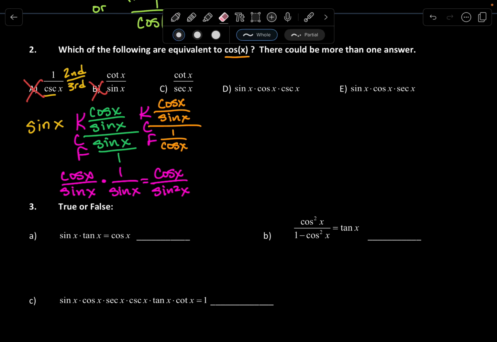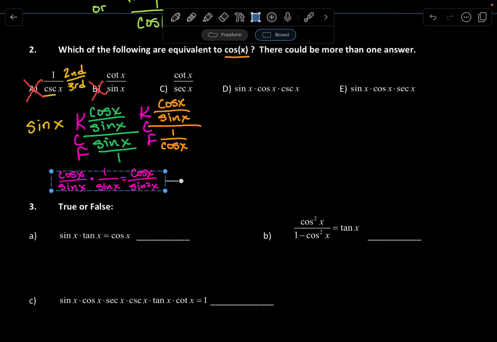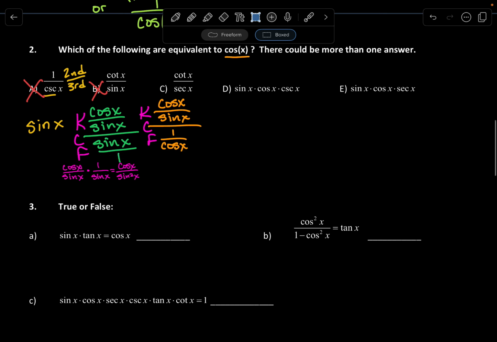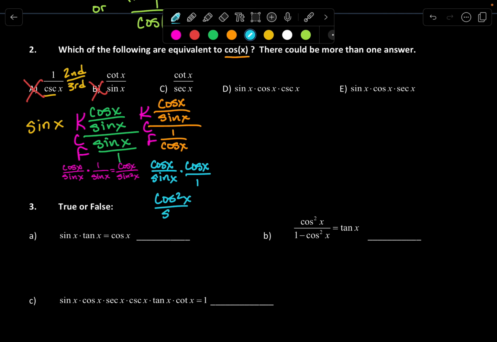Okay, so I keep the first, cosine x over sine x, change to multiplication, and flip my second fraction. That gives me cosine squared x over sine x, which is not cosine x.